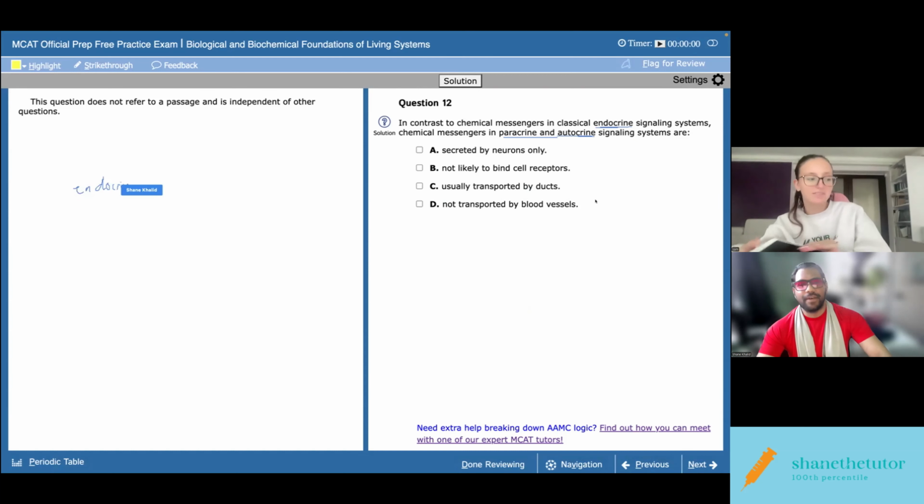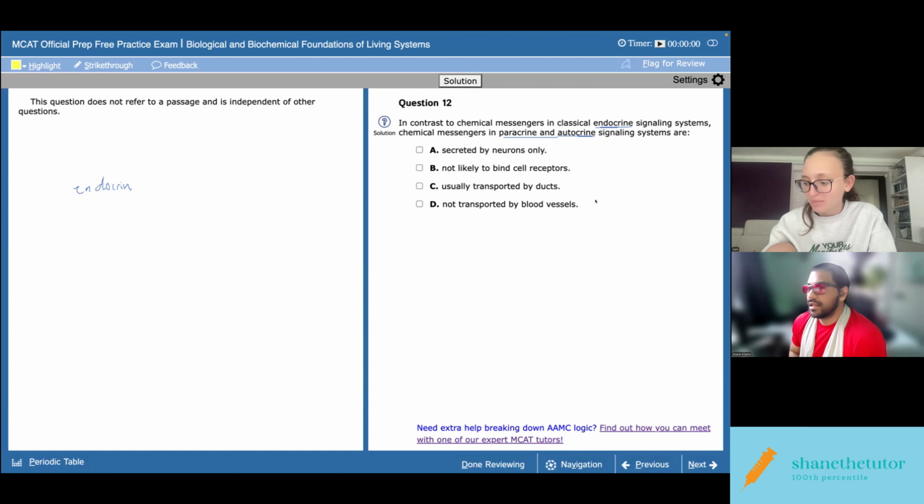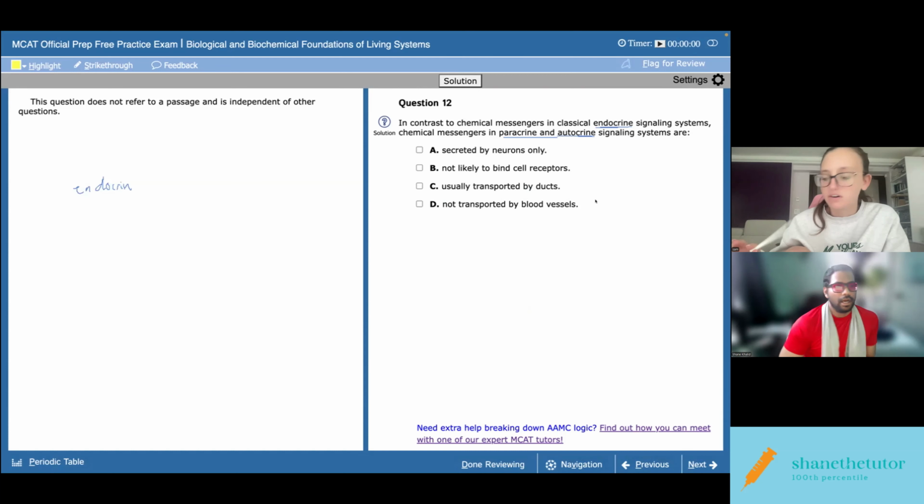I know, but I don't know how to define it. That's my issue a lot with the MCAT, that I understand the topics. I know autocrine and paracrine are different parts of the nervous system, and the response of function is like if something gets stimulated, it's paracrine or autocrine.